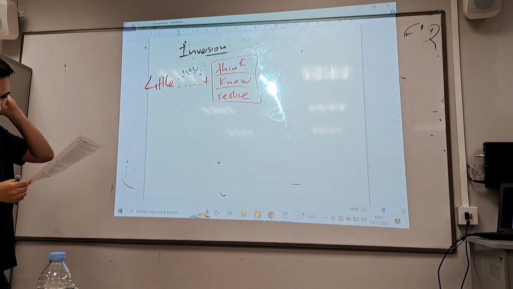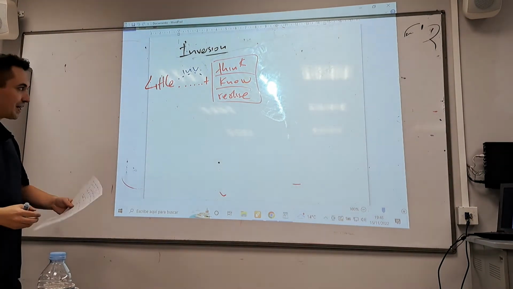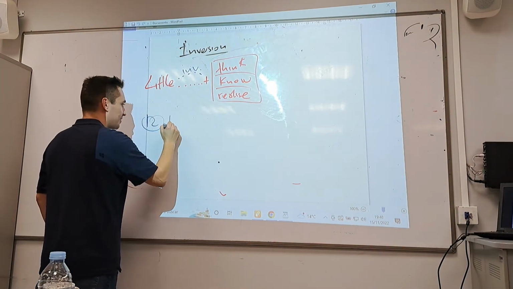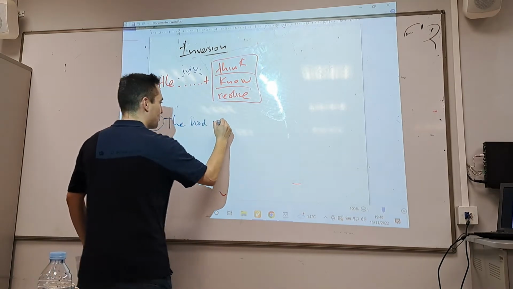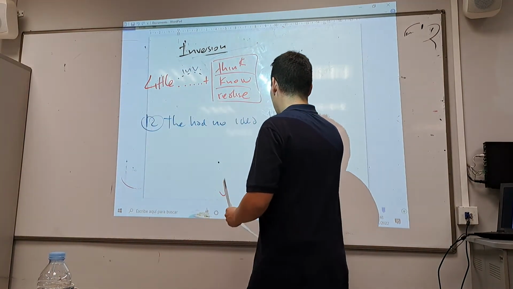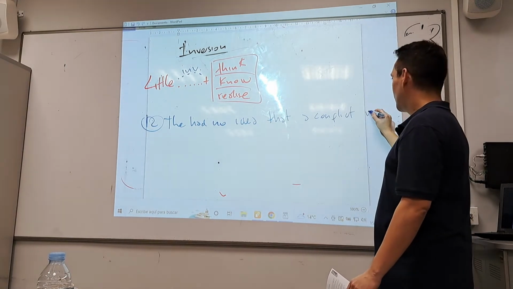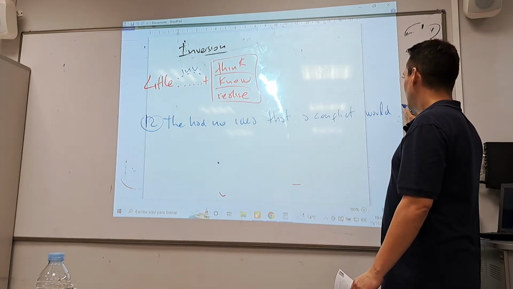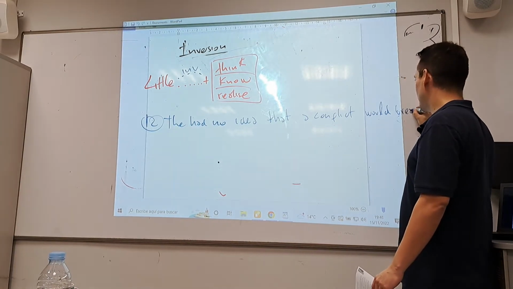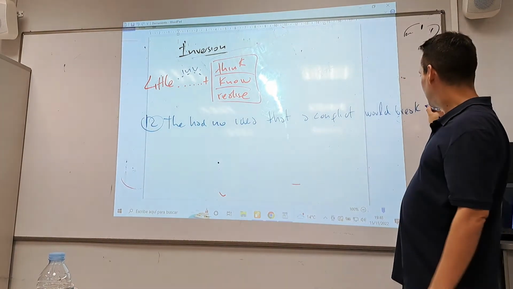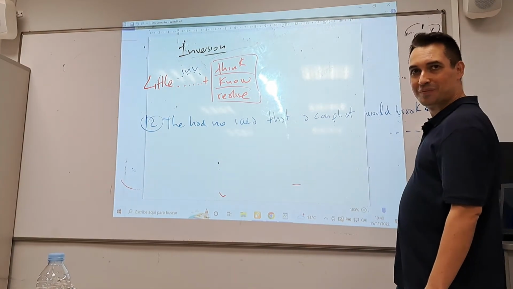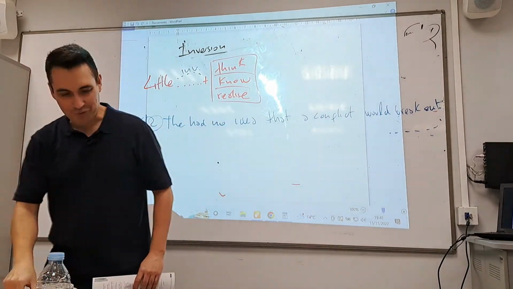So, a conflict would begin. Okay, they had no idea, regular sentence. They had no idea that a conflict would break out in Ukraine. How can you express that with an inversion?